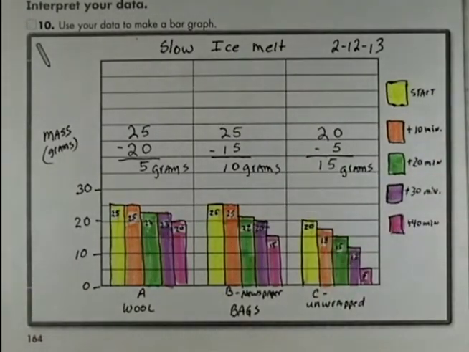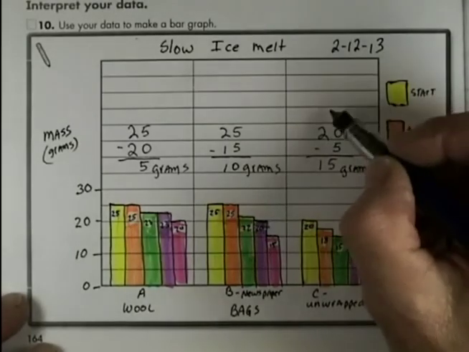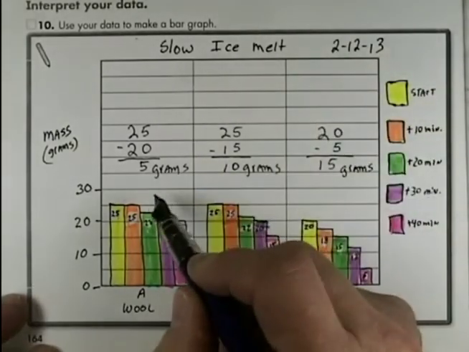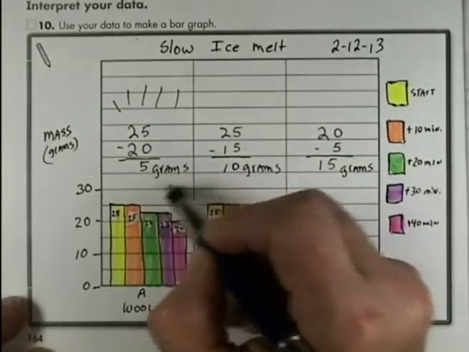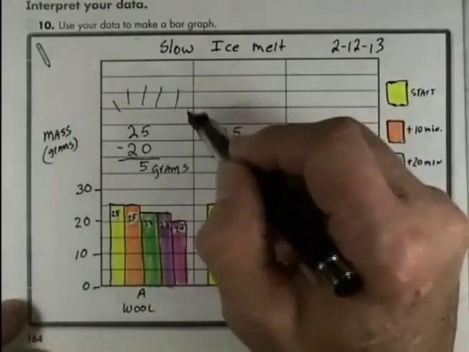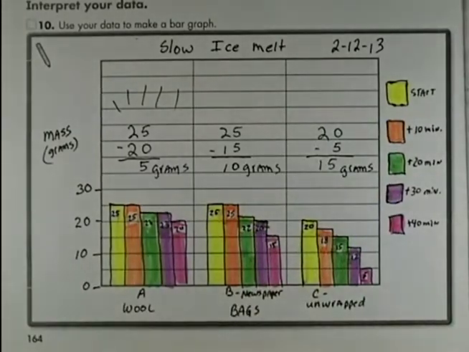And so by looking at this data, I can see which one lost the most. This one lost the most. The one that slowed down would be this one right here, only 5 grams. So who slowed down the most? A, the wool.